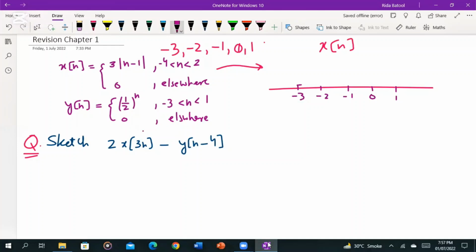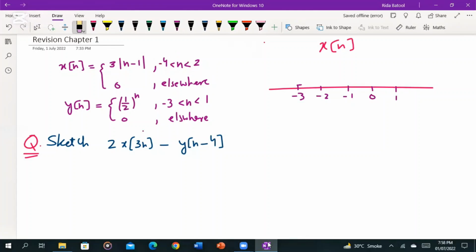Then n greater than -4 means -3. If there were an equality sign, an equal to sign, then we would include 2. If it is like this, then you have to include -4 and 2, otherwise not.